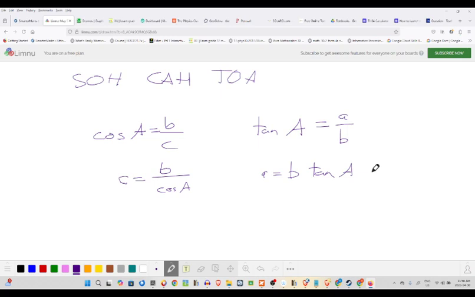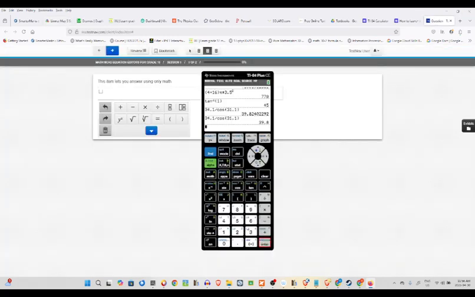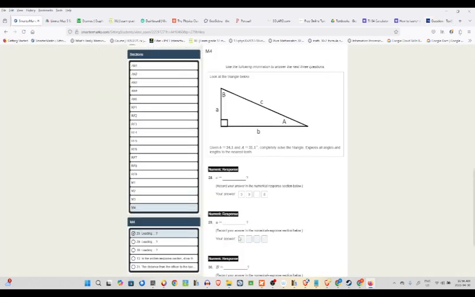Going back to our calculator, 34.1 times the tan of 31.1. Forcing it to one decimal place, that gives us 20.6. In reality, that's an irrational number.